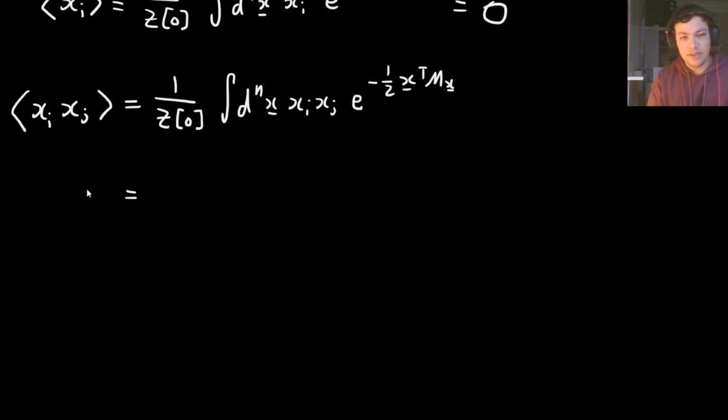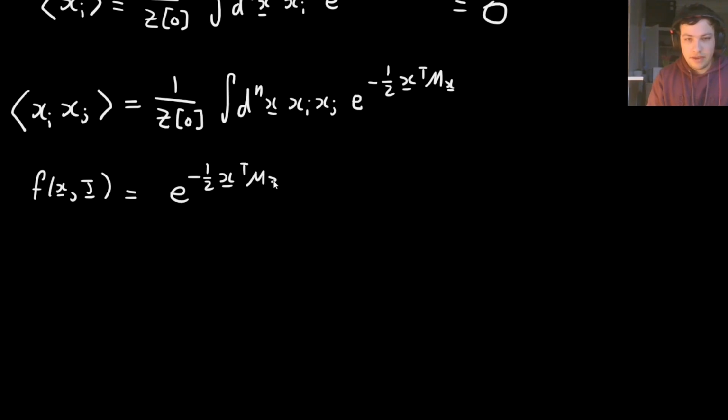Now, if we instead write f(x, J) as e to the negative half x transpose M x plus J dot x. So our probability distribution is f(x, 0). Then what we see is that df by dJ_i is going to be, well, there's a J_i in here.